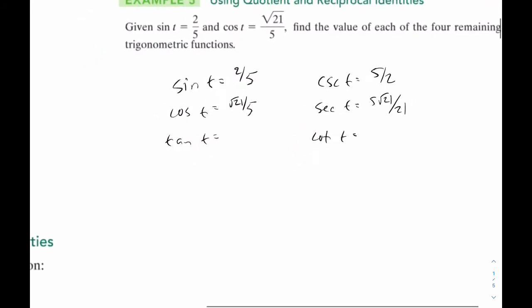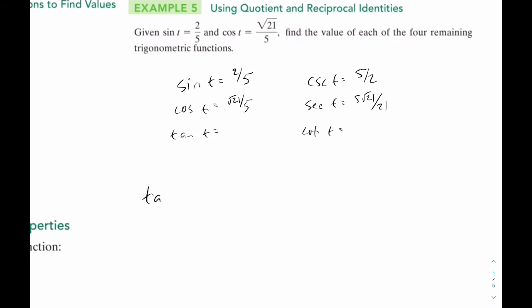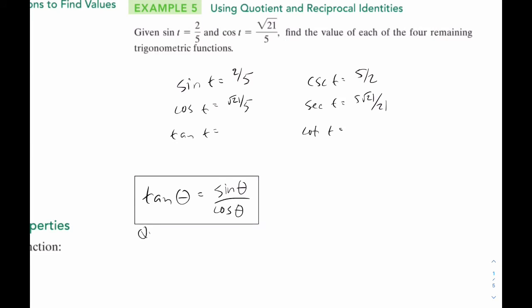So hopefully you remember this, that tan of theta is equal to sine over cosine. That's called the quotient identity. And then that would imply that cotan of theta is simply cosine over sine.